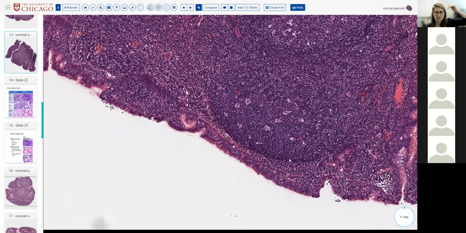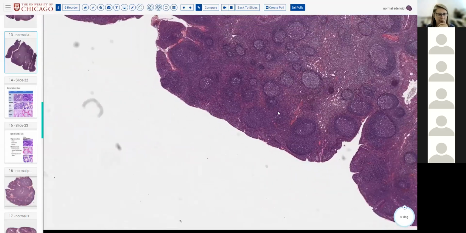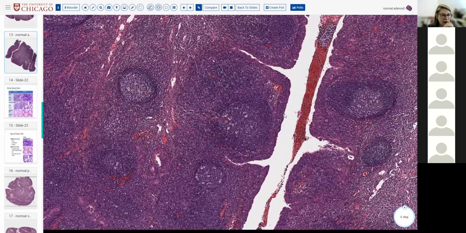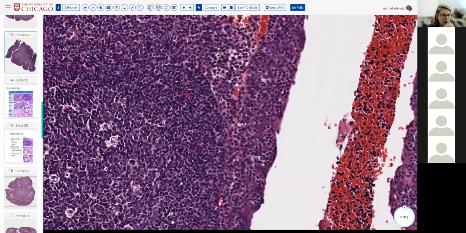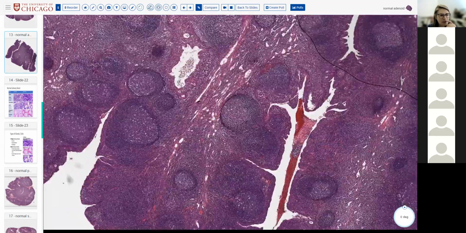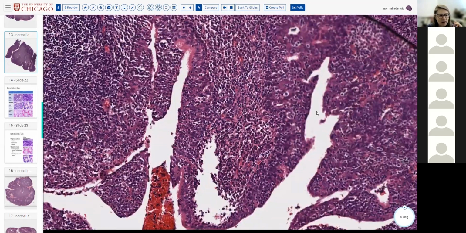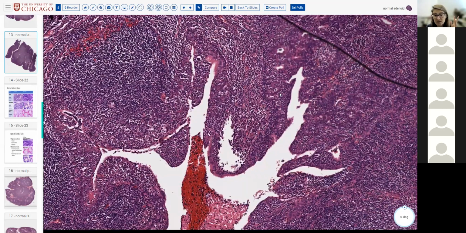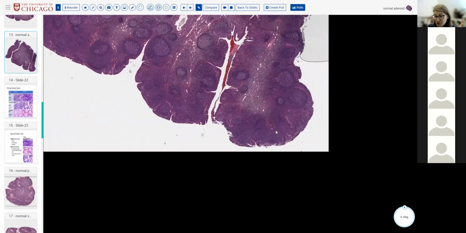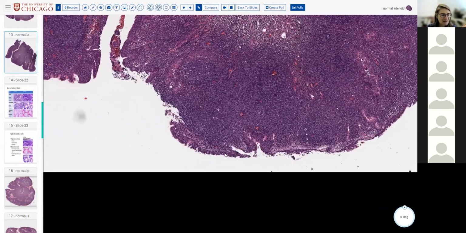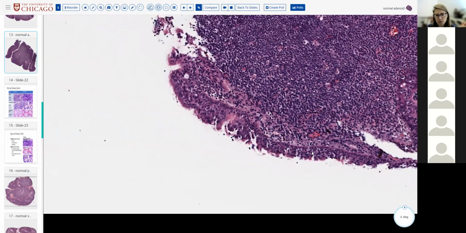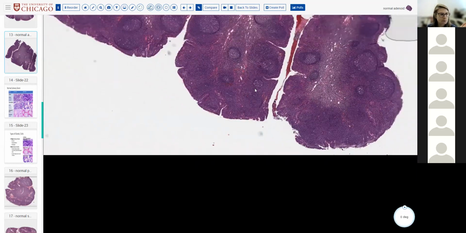If you look down at the crypts here, the crypts have a transition between respiratory and squamous epithelium. That's fine. If you see a little bit of a hybrid type of epithelium in the crypts of the adenoid, that's totally normal. You can see squamous metaplasia on the surface, but at some point you should be able to notice the pseudostratified ciliated columnar respiratory-type epithelium, and you know where you are.